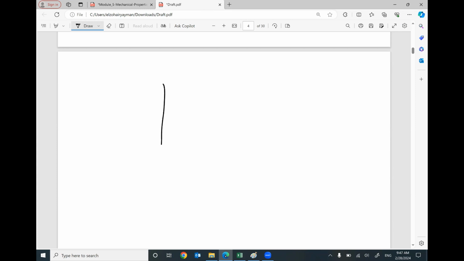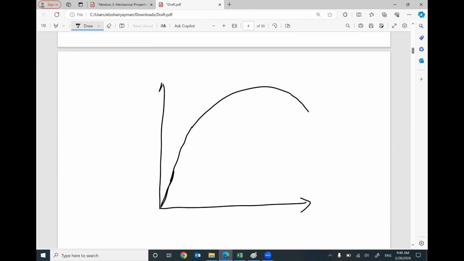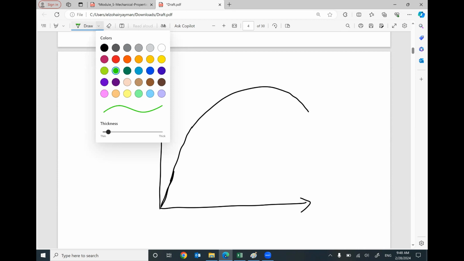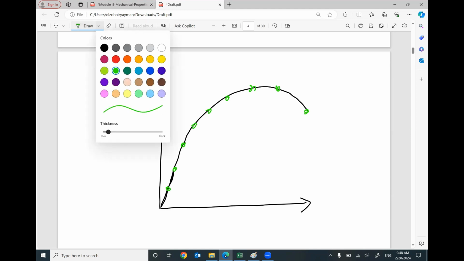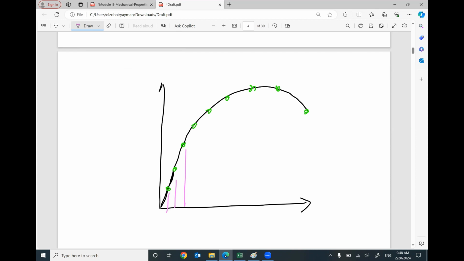One more time, the curve looks like this. We have different values recorded here. At each value, I divided this curve into strips. Each strip looks like a trapezoid.